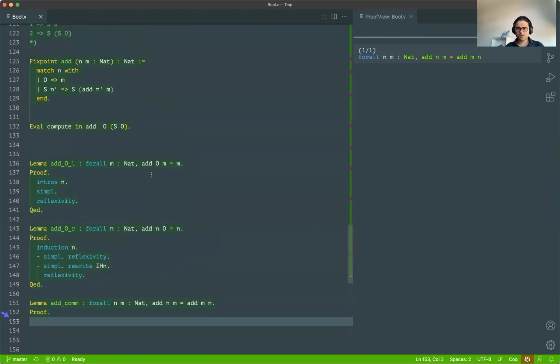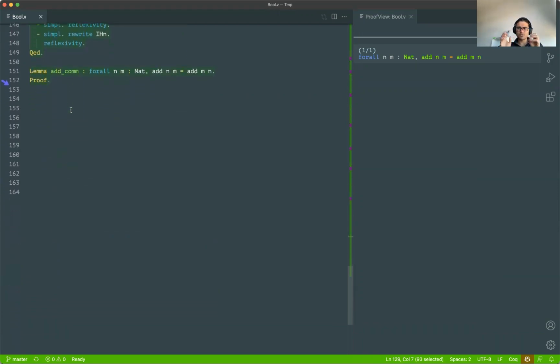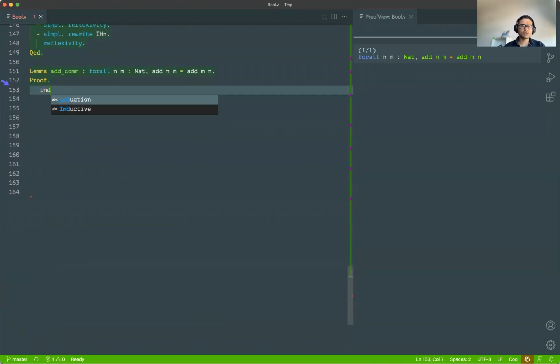One way to see why destruct would not work is that now we are dealing with inductive structure and recursive functions. So you need to think more in terms of induction and recursion: if you get a small instance, can you prove it for a bigger instance? So let's do that. Let's do induction n. Now, why am I doing induction on n?